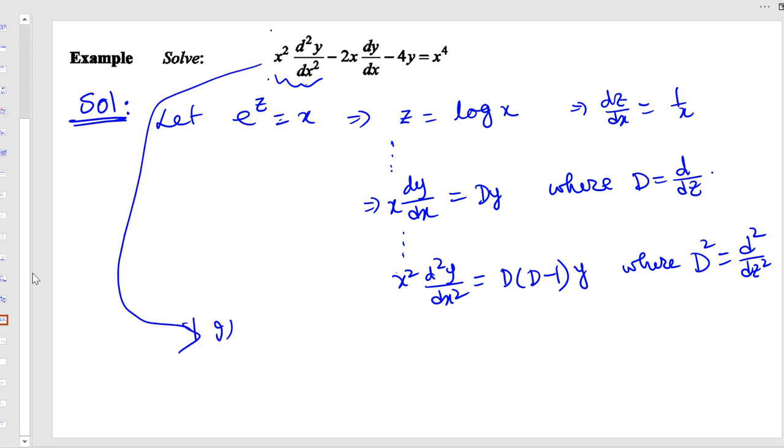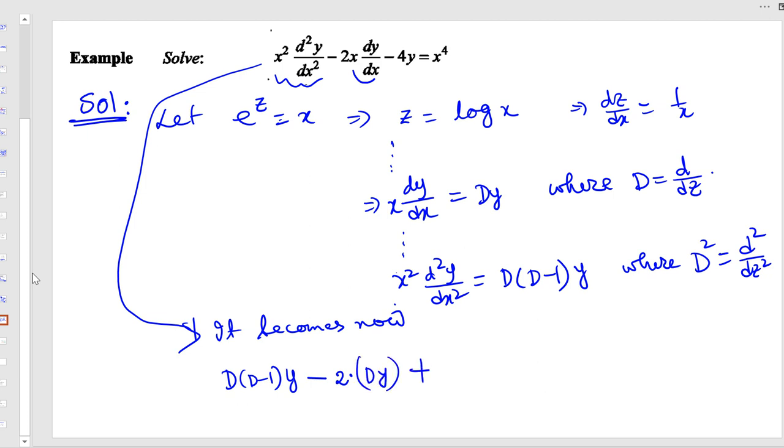it becomes D into D minus 1 into y minus 2 times x into dy dx, which becomes Dy.